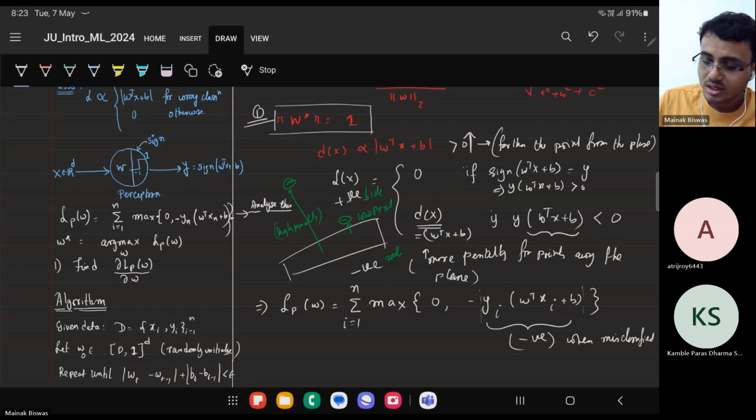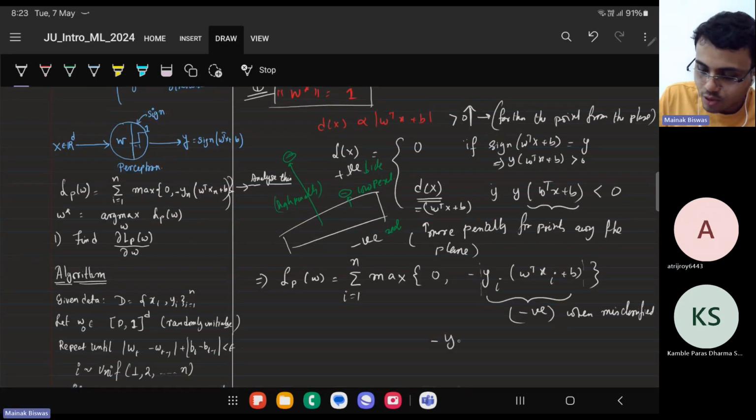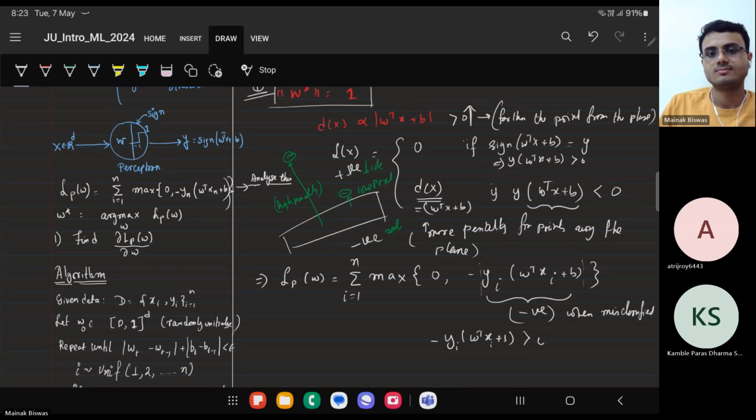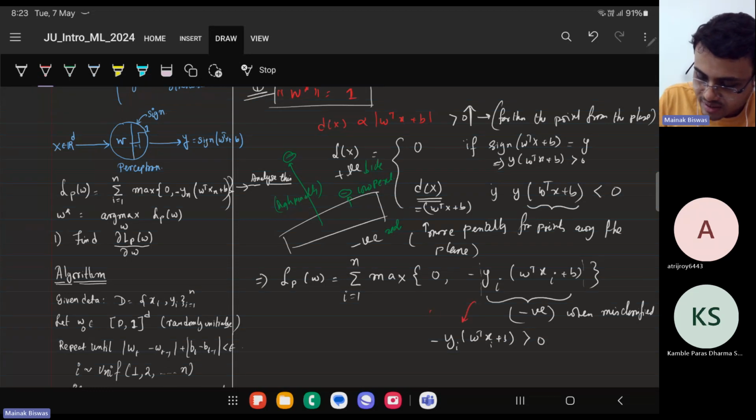So minus of w transpose x plus b will be greater than 0. Then that value will be taken instead of 0. Exactly. If it is misclassified, you take this value; if correctly classified, you take 0.